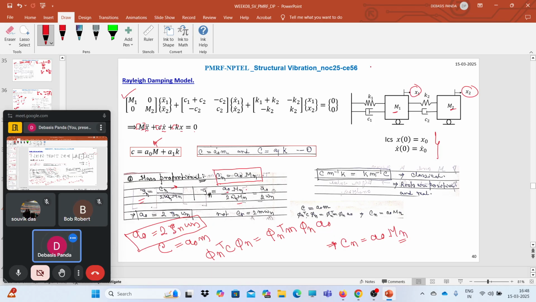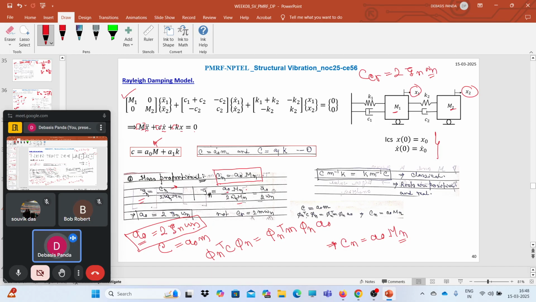Now recall when we discussed the critical damping portion, CCR, what was the value of CCR? Twice omega n Mn, right? So this is not CCR. Here he has considered that this reflects the mass dependency. So the a0 value we have found out: a0 is equal to twice zeta n omega n.